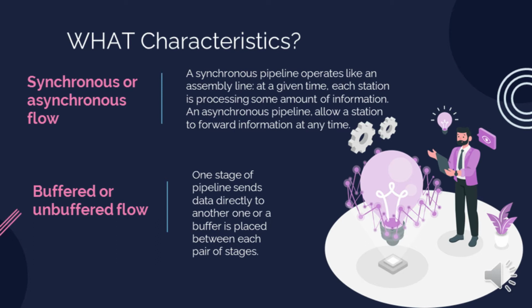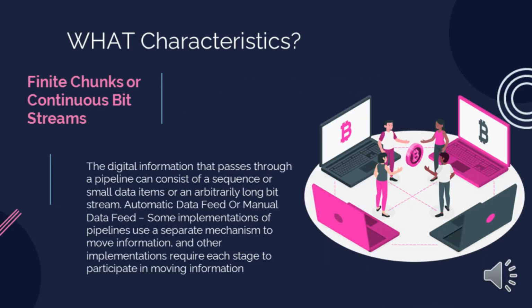Buffered or unbuffered flow. One stage of the pipeline sends data directly to another one, or a buffer is placed between each pair of stages. Finite chunks or continuous bit stream. The digital information that passes through a pipeline can consist of a sequence of small data items or an arbitrarily long bit stream.